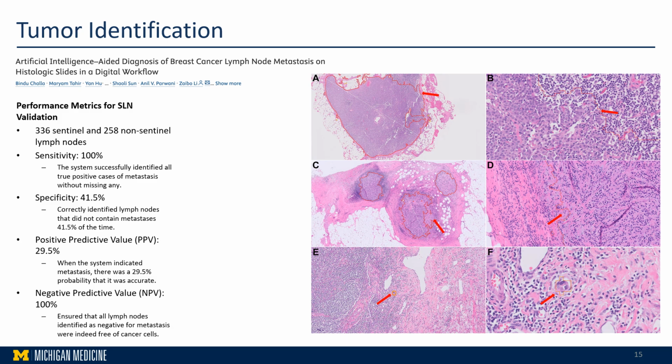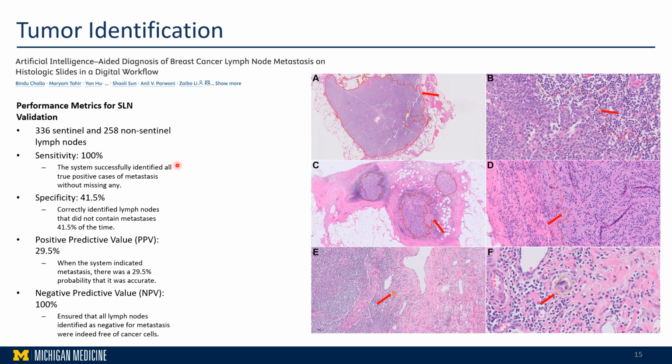And this is one of the recent studies from Kella et al. demonstrating the effectiveness of deep learning modules in detecting cancer metastases in lymph nodes. They analyzed about 336 sentinel lymph nodes and 258 non-sentinel lymph nodes using whole slide microscopy with H&E staining.